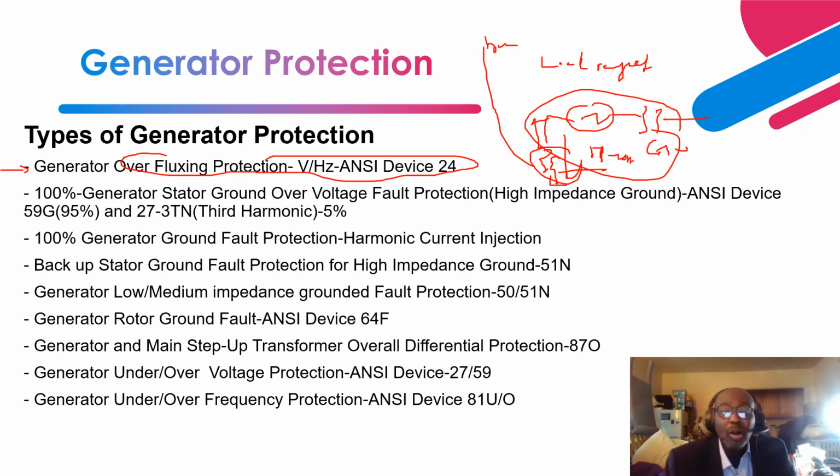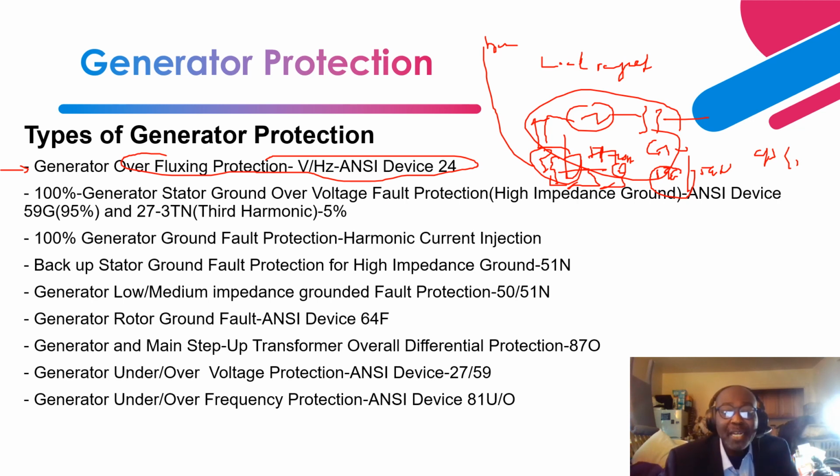On the secondary side, a resistor is connected across the secondary winding. Then across the resistor is this 59G element, or the 59N element. It provides 95% stator ground fault protection.